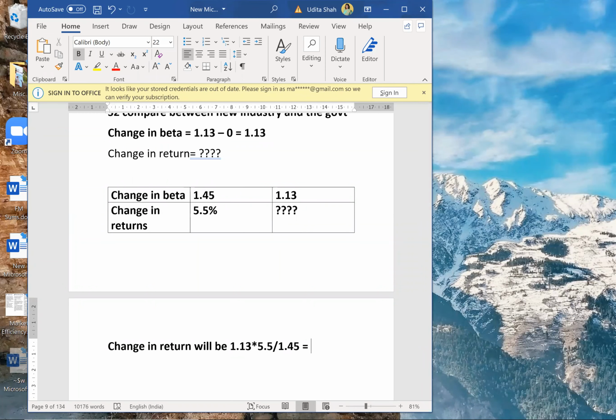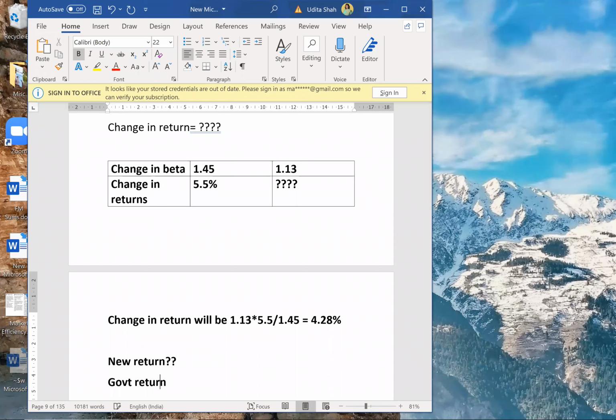4.28, is it? Change in return is 4.28. Now guys, pay attention. So this change in return is 4.28. So what will be the new return? It will be government return plus change in return.